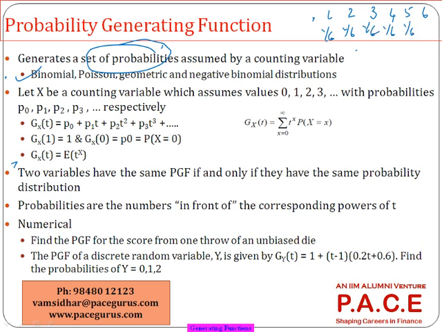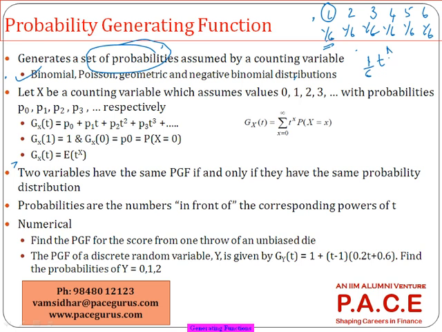So how do I make a probability generating function with this? You take each of the probabilities, 1 by 6, and multiply it with t. You take t as a constant, some dummy variable, t to the power this value.